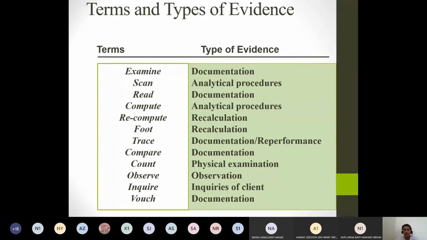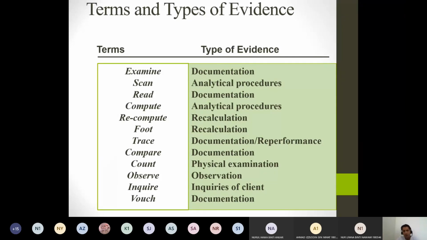The types of evidence: examining the documentations, scanning, analytical procedures, reading documentations, computing analytical procedures, recomputation or recalculation, meaning we have the list of accounts and we recalculate.